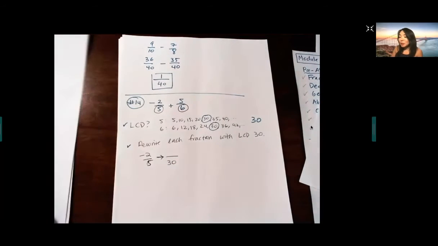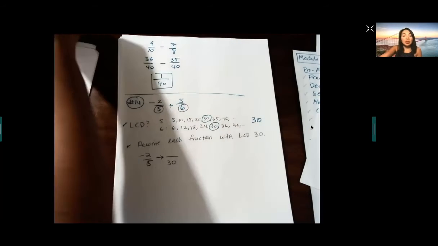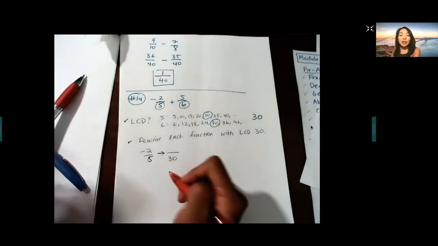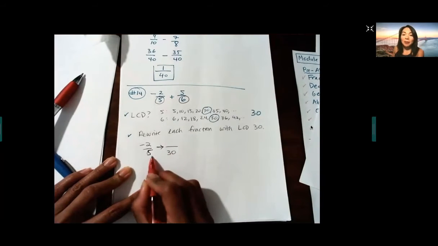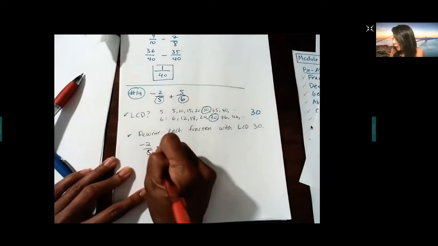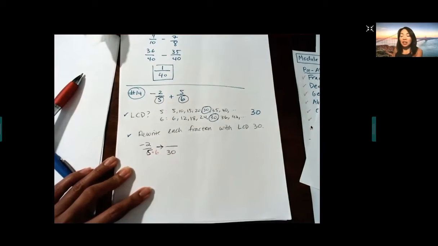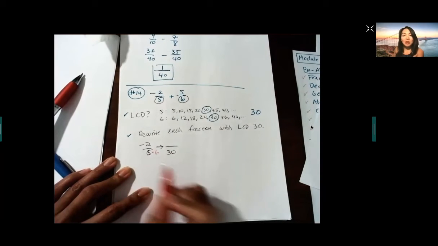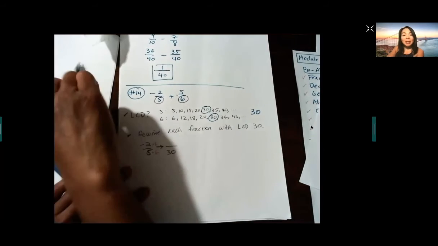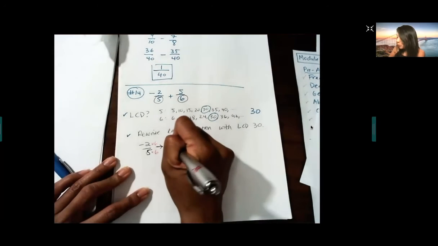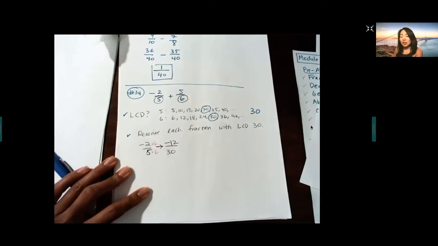And same as the previous problem, to go from 5 to 30, what do I need to multiply by? Or you could just think of what do I divide? 30 divided by 5 will give me 6. So that means 5 times 6 will give me 30. Whatever you do to the bottom, you must do to the top. I multiply by 6 on top, so I end up getting -12. So don't forget that negative sign that carries through.